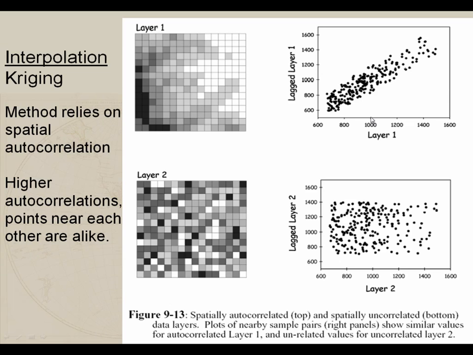As I move to 1,000 here, I'm moving somewhere close to 1,000 here. So there's a tight correlation between moving on the x and moving on the y. In this case, there's no correlation. As I move on the x, I could be all over the place on the y. So Kriging builds on the idea that sometimes data is autocorrelated, and you use that to better estimate.